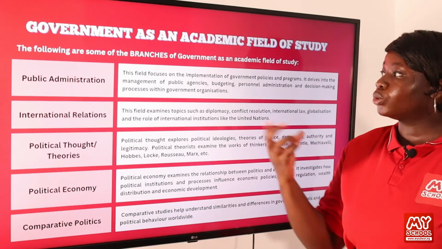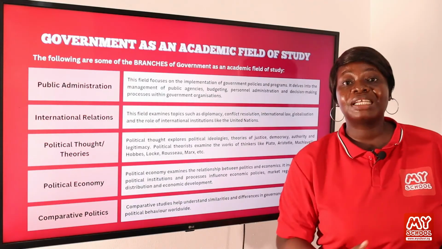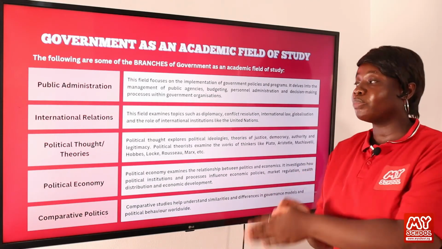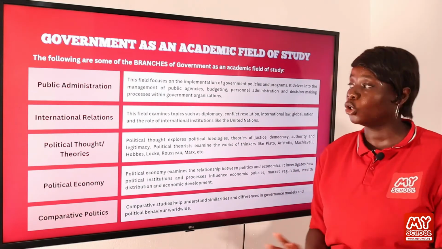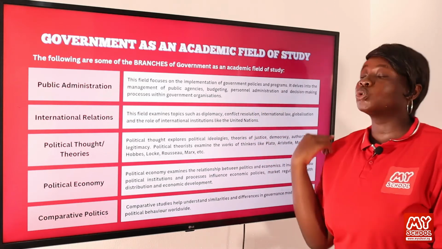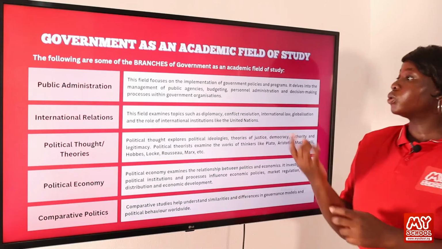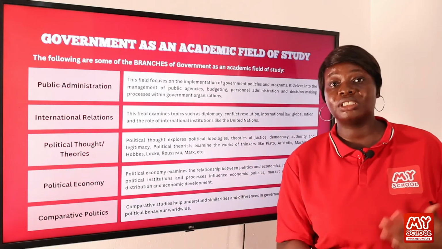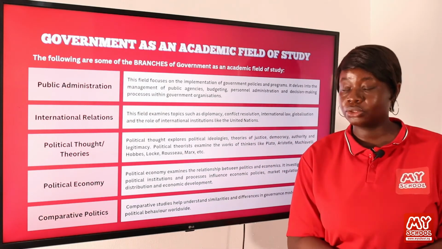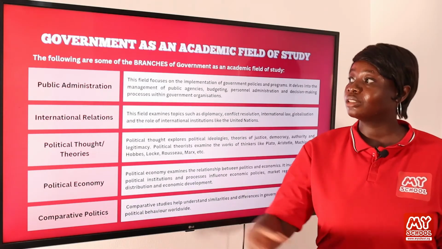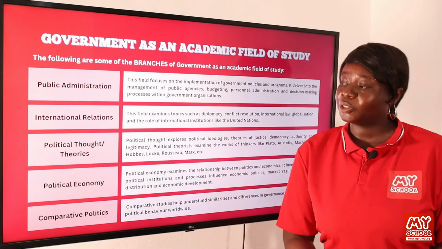There you will learn how to implement the budget that has been created by the president in various sectors of the economy. You will learn about how to administer various personnel in government. Then you also talk about the decision-making process within different government organizations. So if you like something like that, you may want to study public administration.